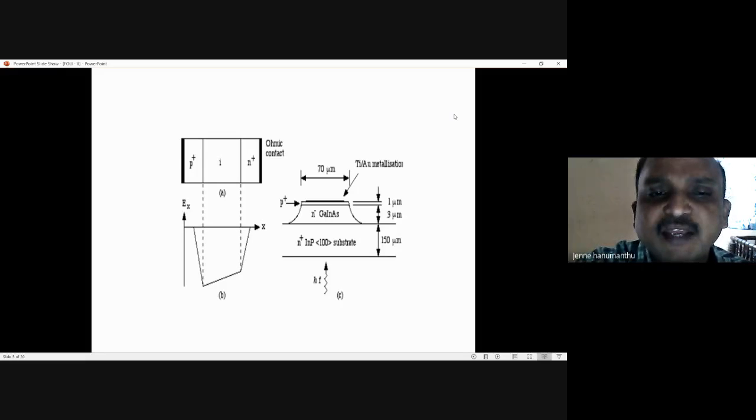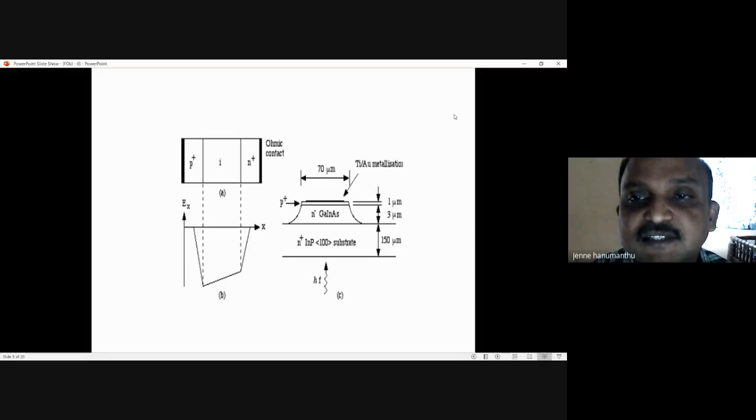That's what happens in the case of an LED. So for an LED, it works on forward bias, but the PIN diode works on reverse bias. Keep it in mind.